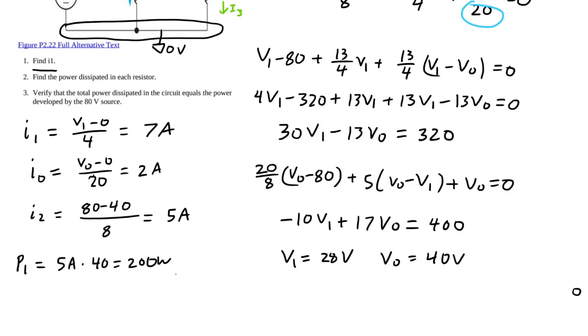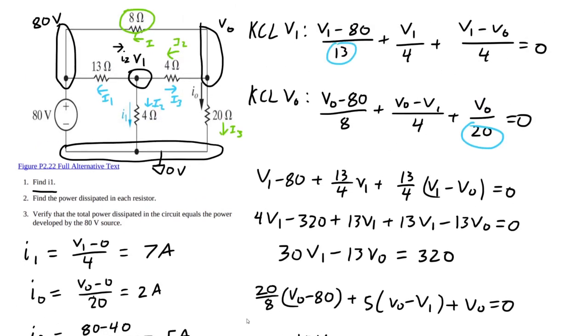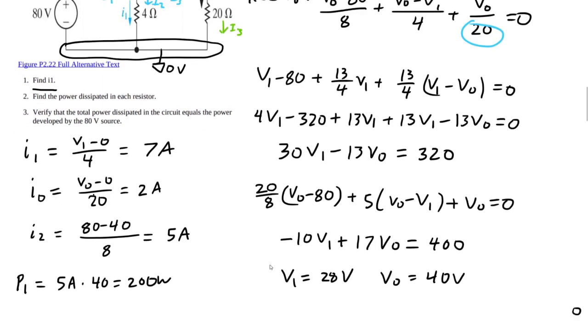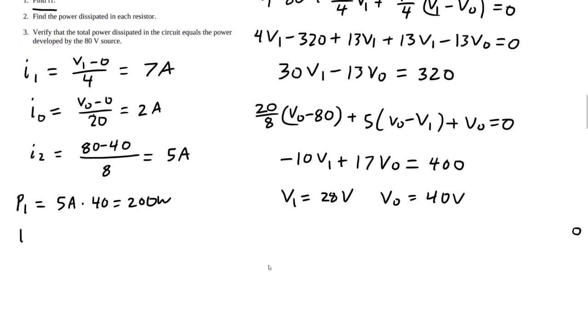Let's say the next one is, call this P2, the 13 ohm. So I got the voltage drop across that one. We're going to do that one directly. So P2 is going to be 80 minus 28, and we'll do V squared over R for this one.